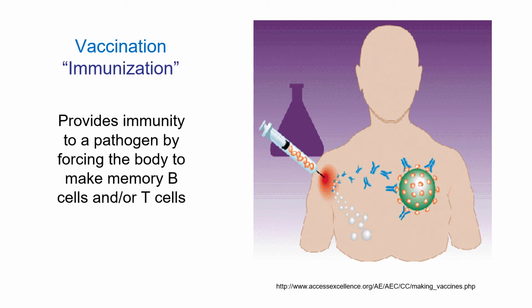So let's talk about vaccination, also known as immunization. Both of those words are used quite frequently. The whole idea here is we want immunity against a pathogen and we want to make memory cells, memory B cells and or T cells. And we want to do this and maybe not expose the person to the fully pathogenic pathogen, but maybe something that will be less harmful.